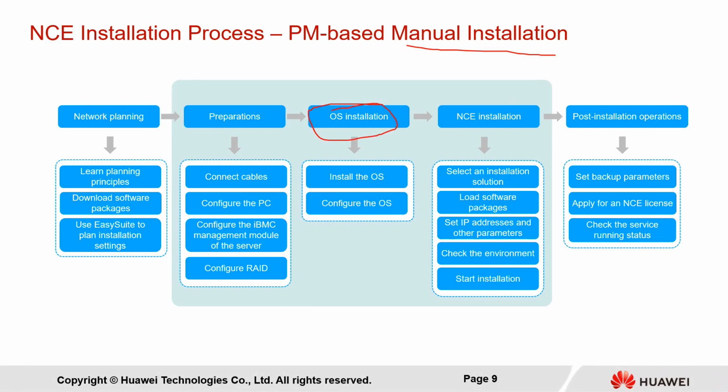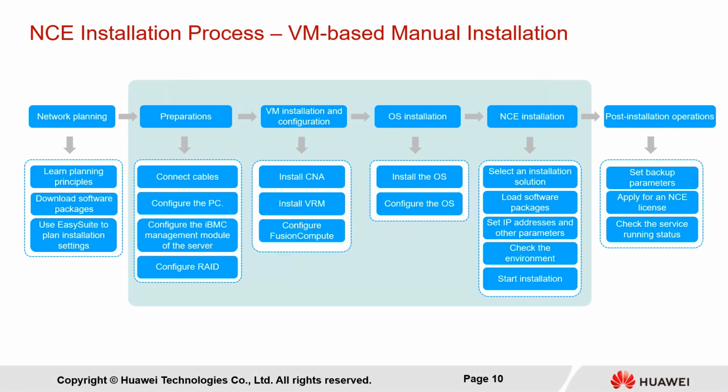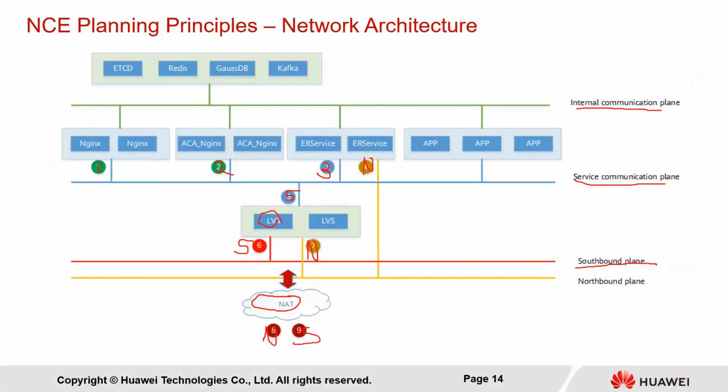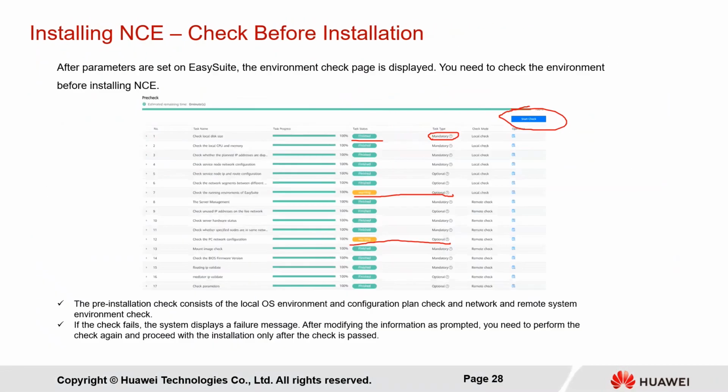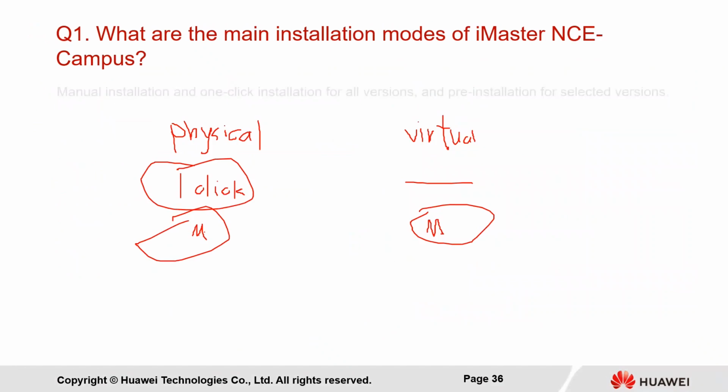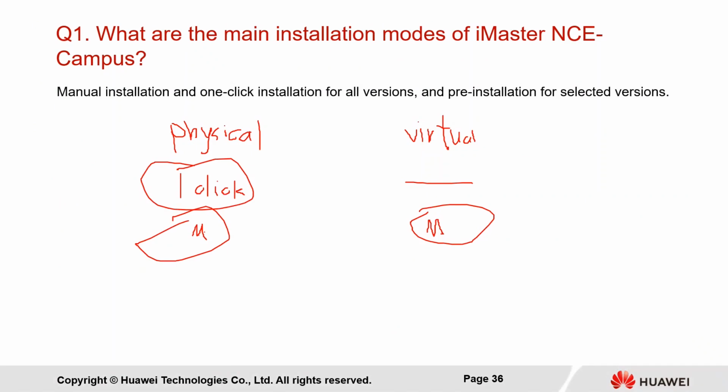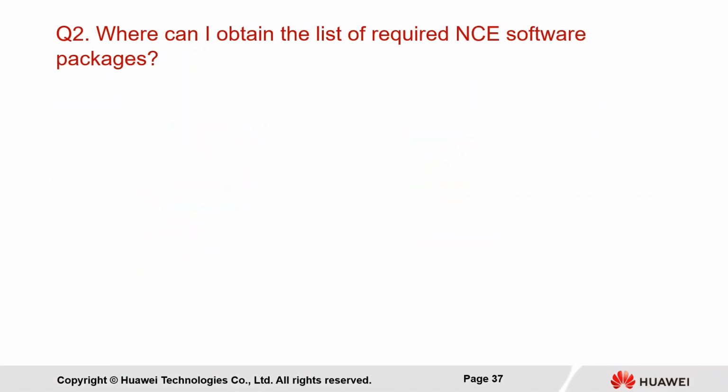Remember, we add operating system installation parts, and then for VM, besides the operating system installation, there's a VM installation and configuration, and others are the same. These are the three modes for installation.